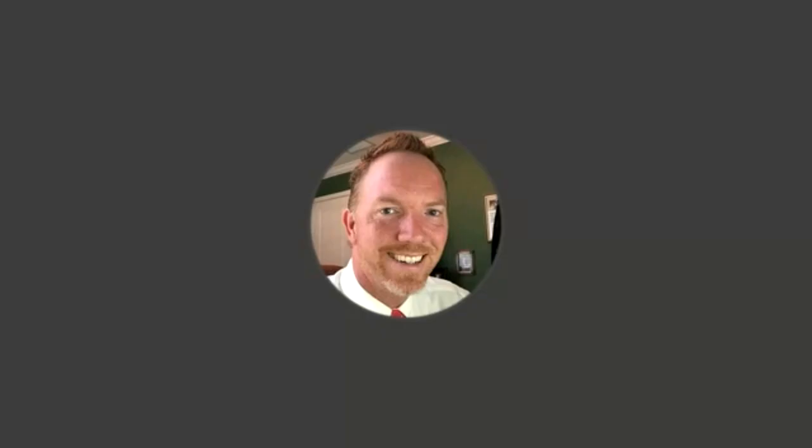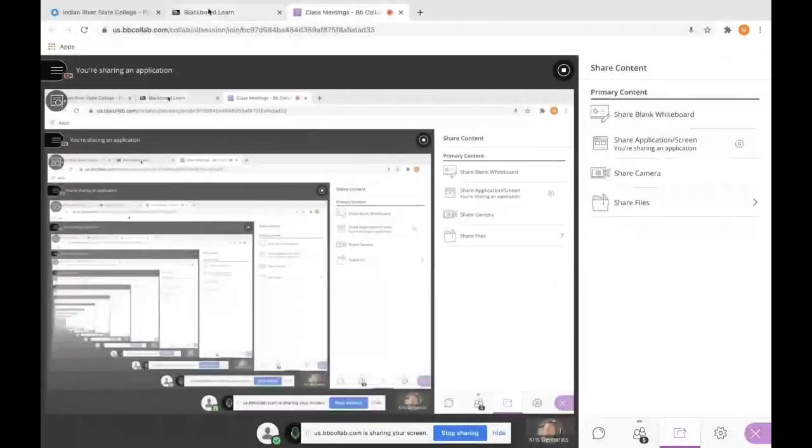So show share application and screen. Yes. Okay, share application screen, and then pick which screen you're sharing if it's not your primary already. I have double screens, so mine's a little different. There you go. You got it. And that's called an echo. Not a big deal.